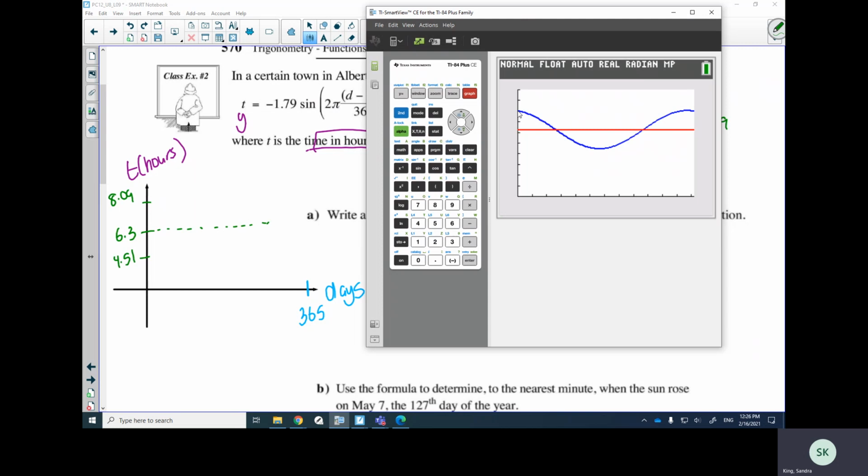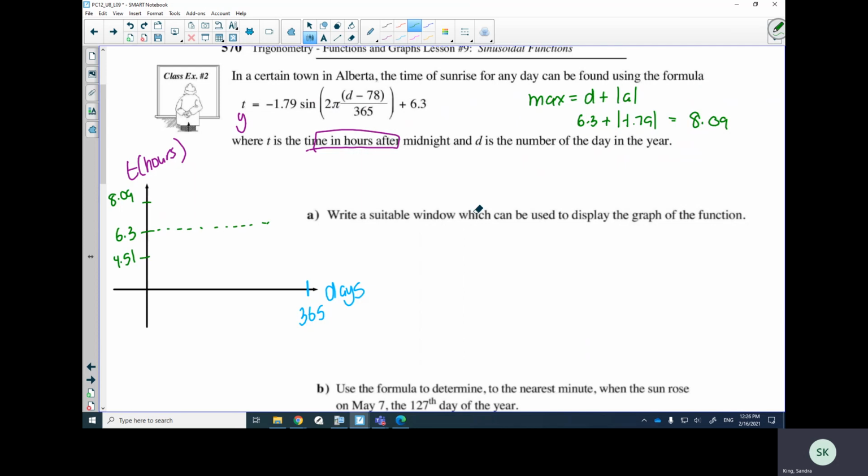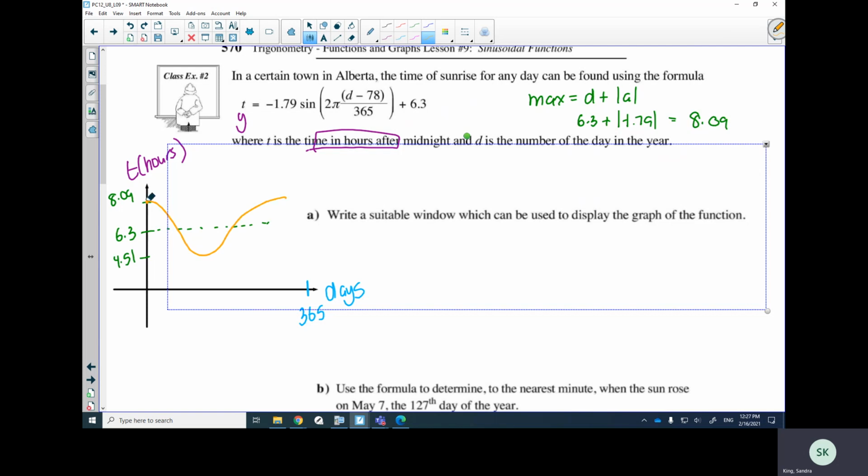So that's my maximum, and that's my minimum. I've already got them listed. Let's just start at the peak, right, to draw this. So let's start here. Let's go like this. Looks slightly off, that's fine.